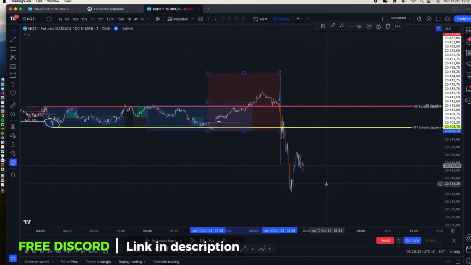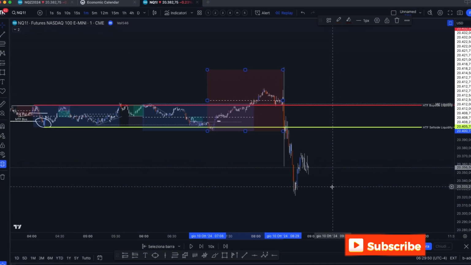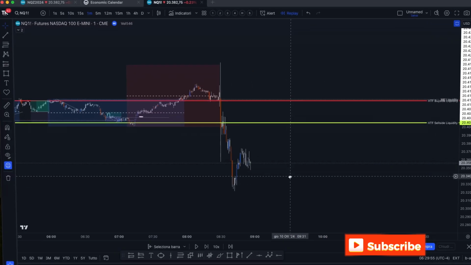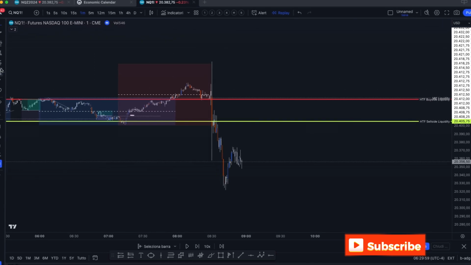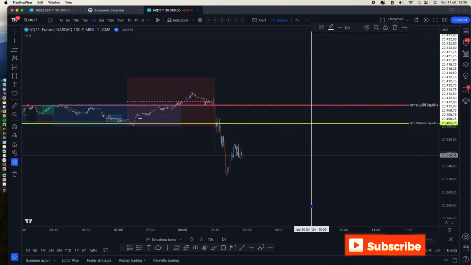I will wait until 10 in the morning, New York session, to see if what I was thinking about the news once it happened is confirmed. If around 10 we are still bearish, probably we're going to be bearish for the whole session.